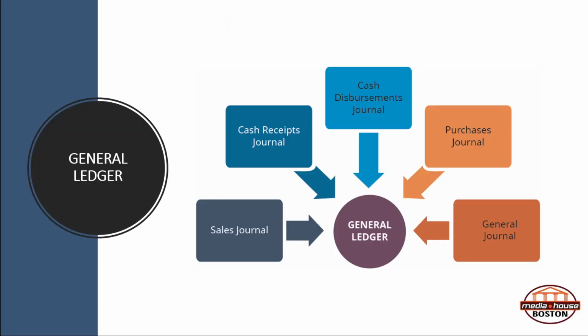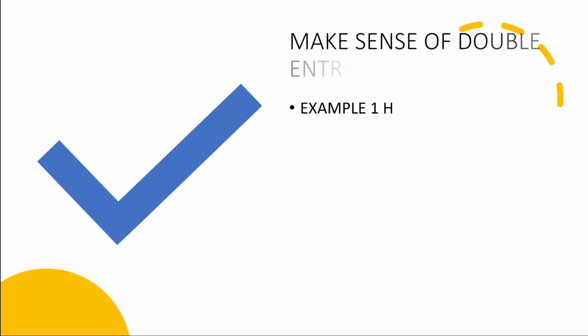So this concludes our lesson for today. Please make use of example 1H to understand the double entry system and how it works. In the next lesson, we are going to have a few activities to gain more insight into how to prepare the accounting equation and record financial transactions using the accounting equation.